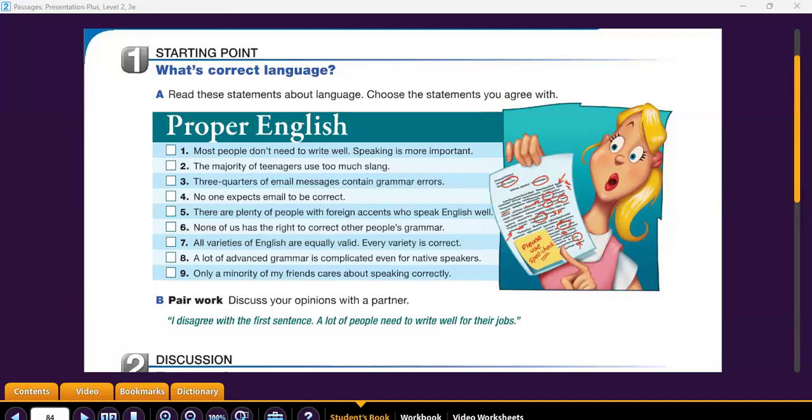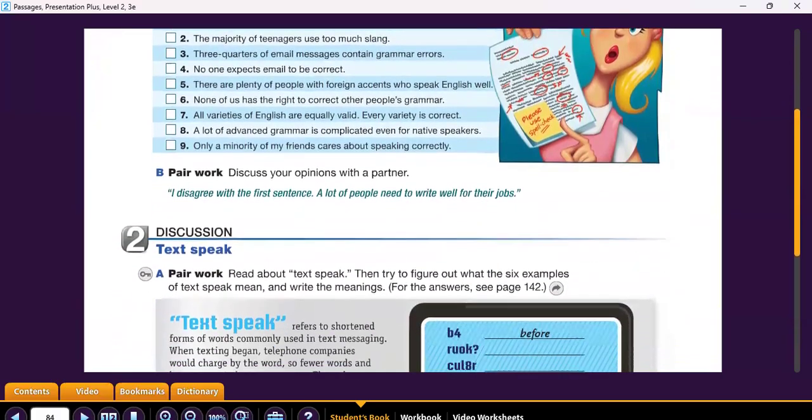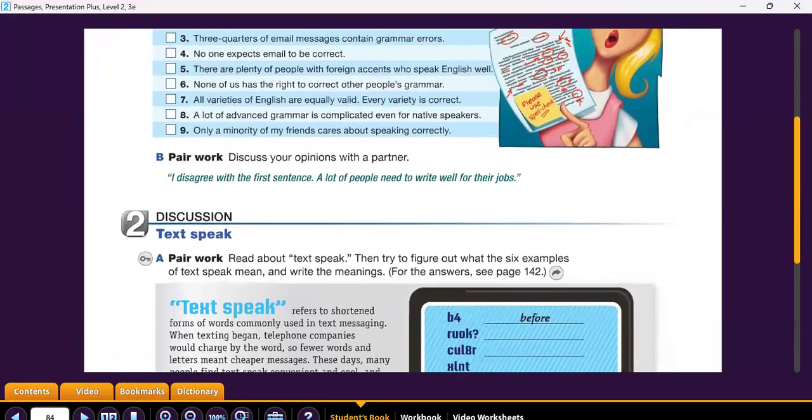They care about speaking and writing correctly. Mostly because many of them are teachers too, or professionals. Even if they are not professionals, they think it's important to speak and write well. Okay, so good.